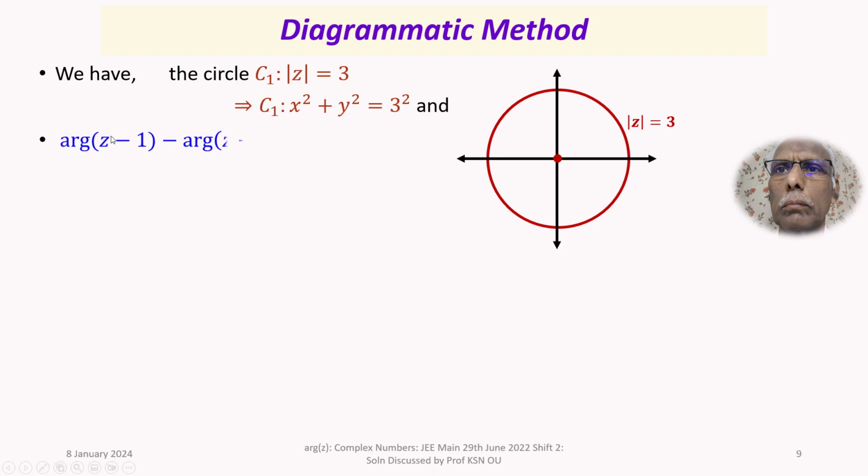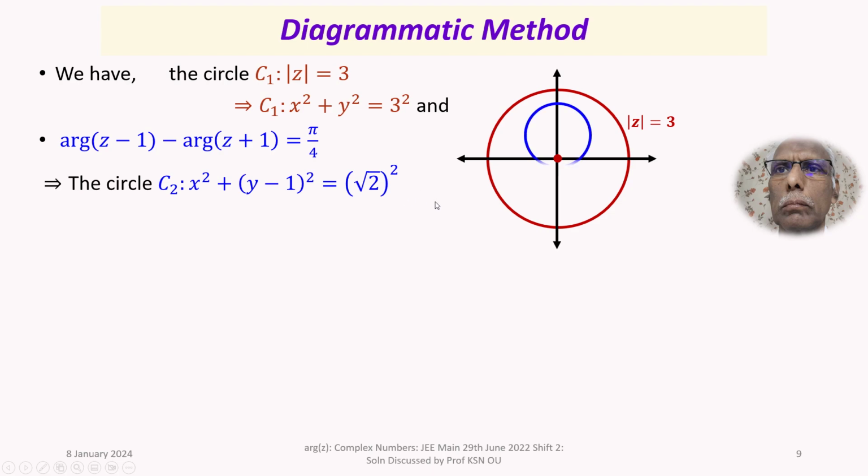Now, argument of z minus 1 minus argument of z plus 1 is equal to pi by 4. We have seen that it is part of the circle C2, x square plus (y minus 1) whole square is equal to root 2 square.